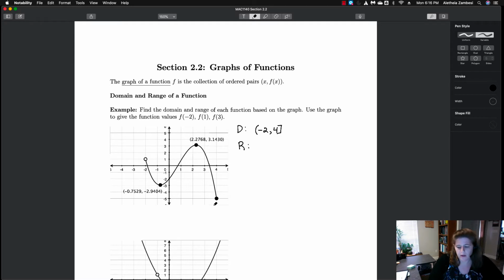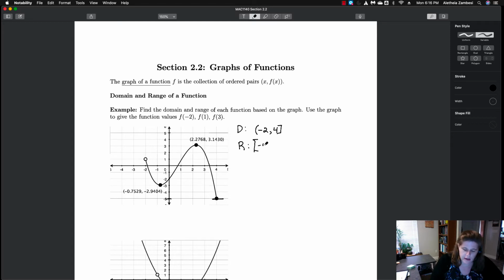If we're looking at the range, these are the values of y that we attain. When we talk about the range, it's the lowest value of y to the highest value of y. It's a little weird because we don't start at the value most to the left and go to the right. We start at the bottom and go to the top. So here is our bottom-most value for y, and it corresponds to -5.